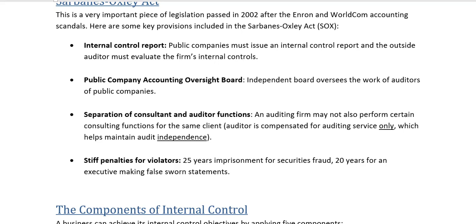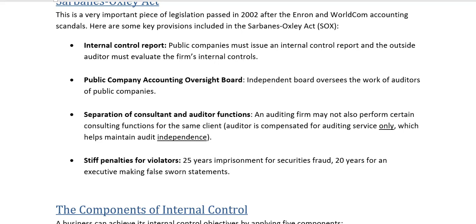Arthur Andersen, which was the auditor for Enron, was getting paid $1 million a week for providing consulting services for the corporation. And this was a much higher fee than what they received for auditing.